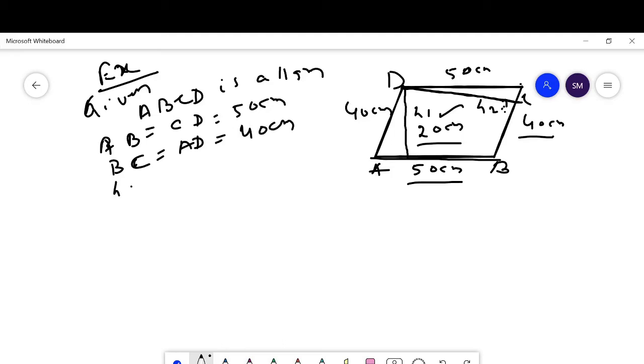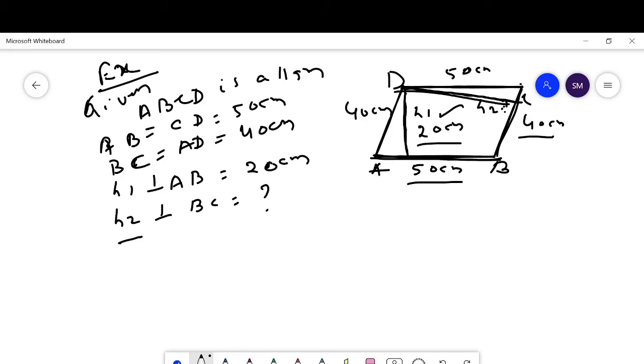Then H1 is the perpendicular to AB, which is 20 centimeter given. And H2 is perpendicular to BC. We have to find the length of H2. Let this be X. You may take base this and height this, or base this and height this, but always you get the same area.